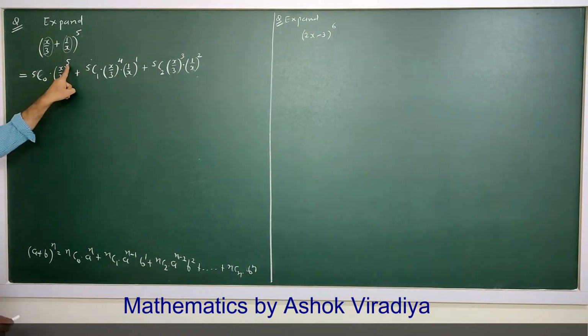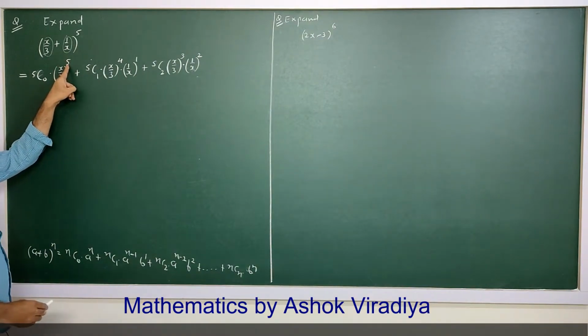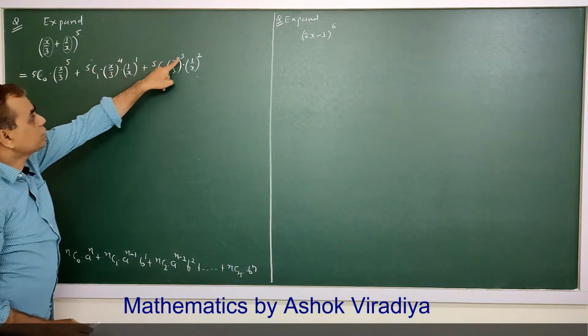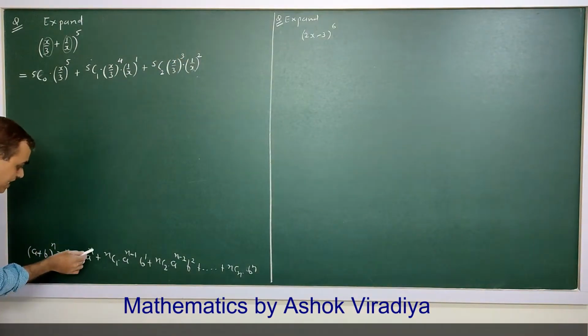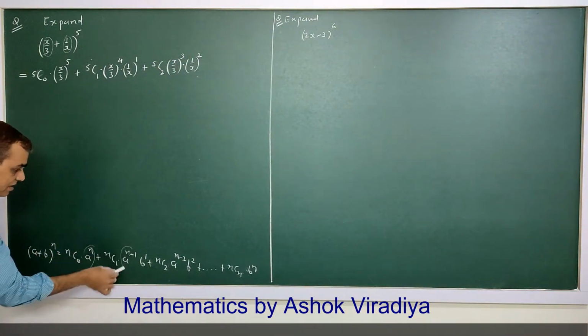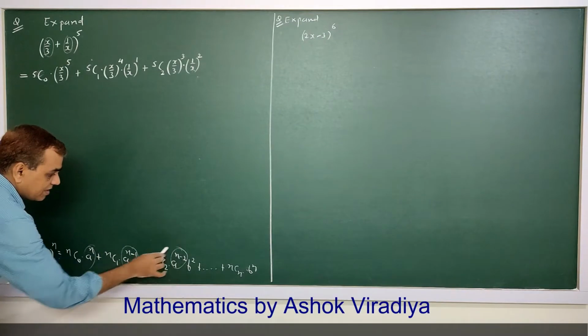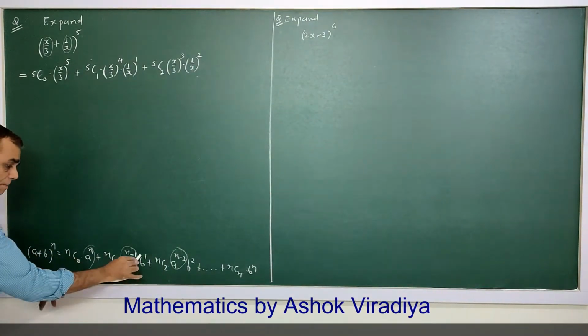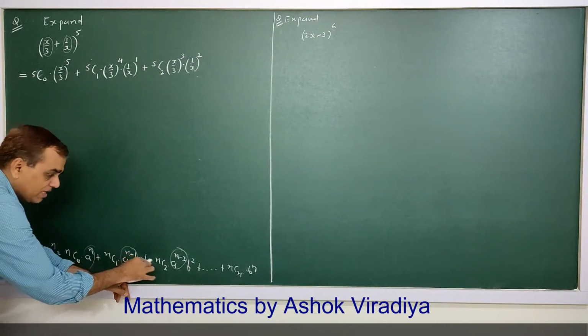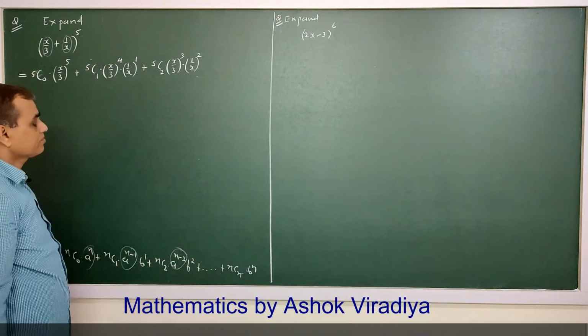Say the power of a is decreasing, a raised to 5, a raised to 4, a raised to 3, and b is increasing, b, b square, b cube.